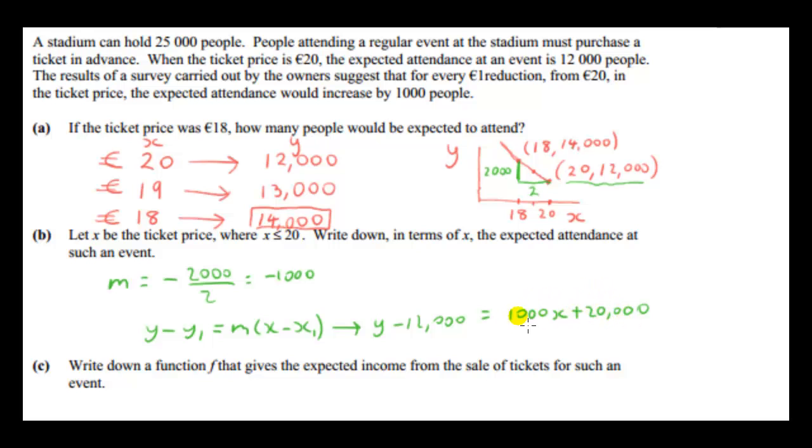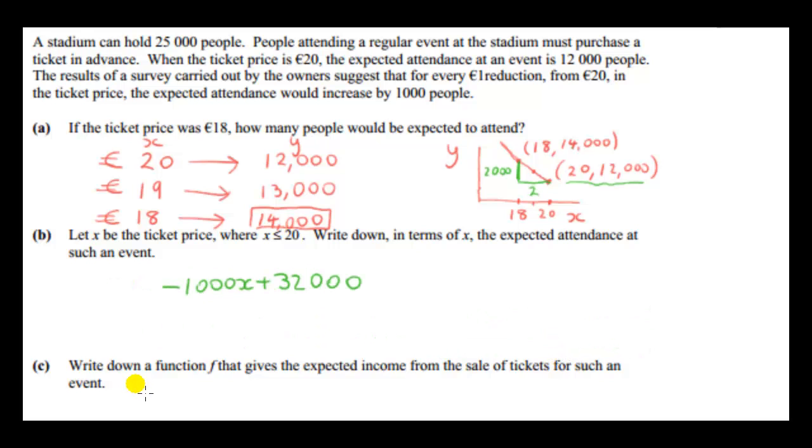So I've multiplied in here by minus 1,000. If we add 12,000 to both sides, we get the relationship between attendance and ticket price.